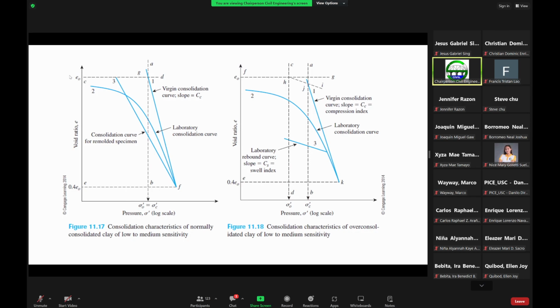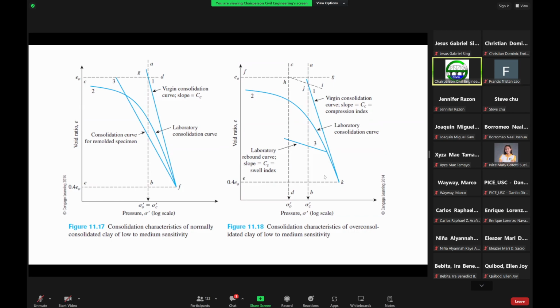In this case, with respect to the initial void ratio, the present effective overburden pressure is equal to the pre-consolidation pressure. And at point F and at point K, it is equivalent to 0.4 or 40% of the initial void ratio.